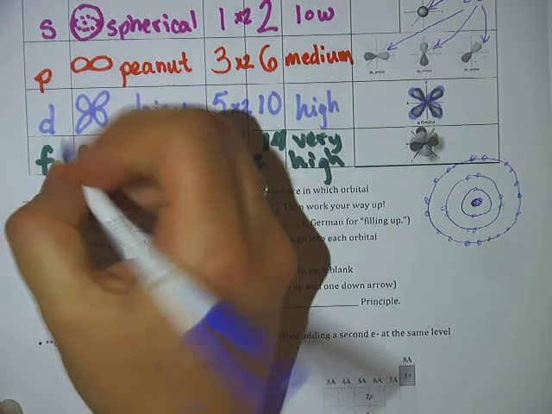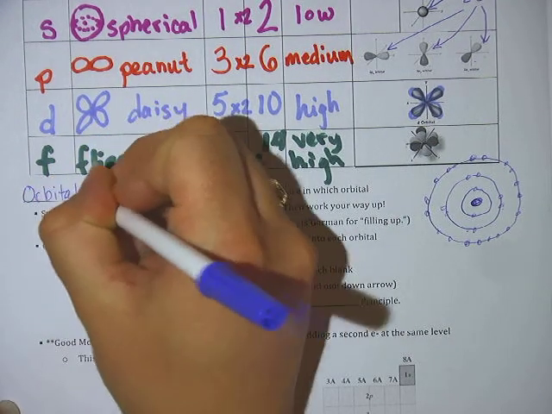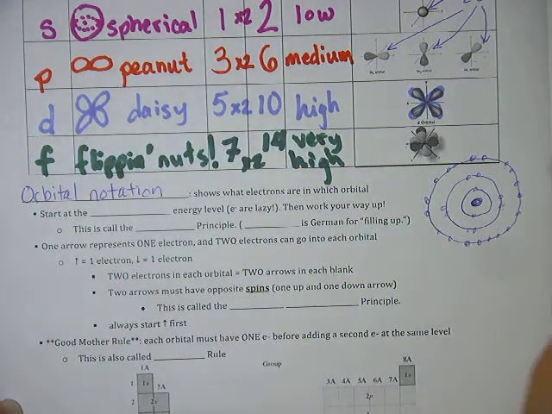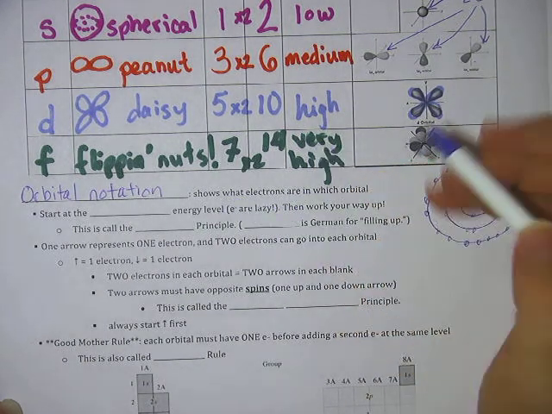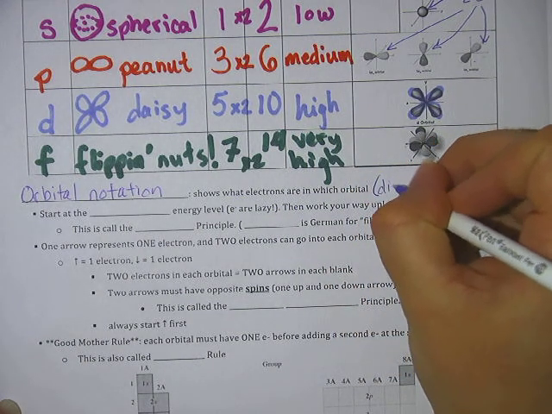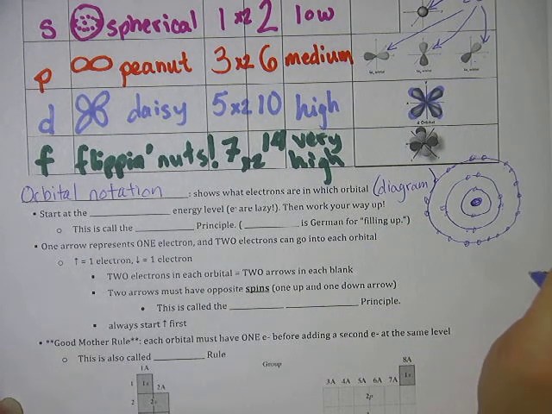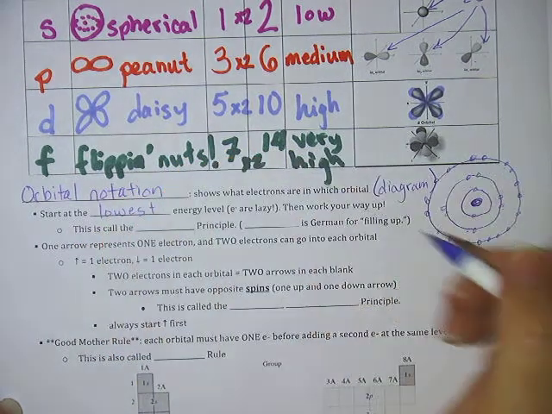So there is something called orbital notation, which shows which electrons are in which orbital. This is basically a diagram. When we do orbital notation, we always start at the lowest level.